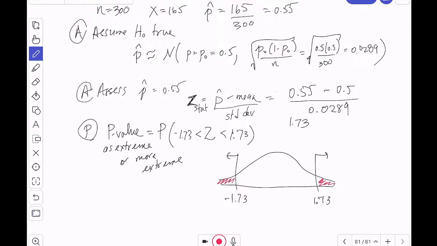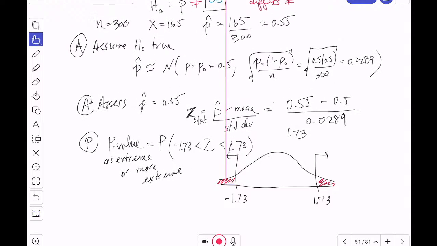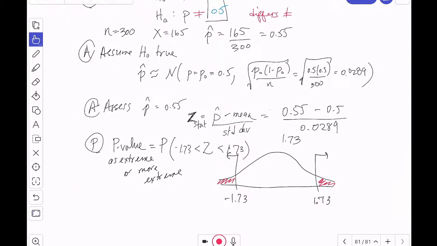Now we know how to do this because of the alternative hypothesis. The alternative hypothesis tells us what kind of test to conduct. Not equals means check both sides. So you plot the z-stat in two spots.